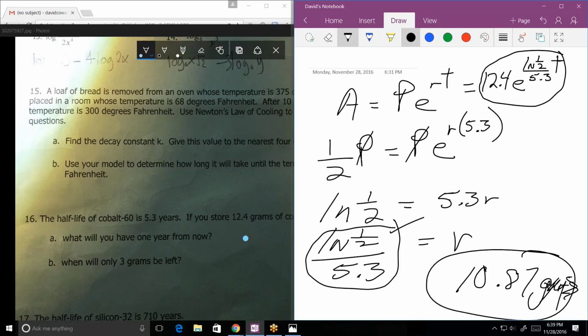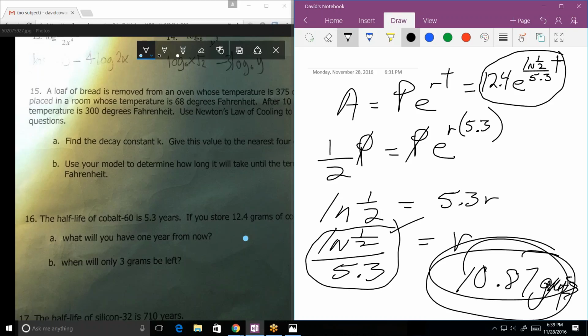In other words, that's the exact equation. It's the amount of cobalt you'll have left: the amount you started with times E to the RT, and R is this natural log of 1/2 divided by 5.3. That will be a negative number, and that's why you end up with less, because you have decay.